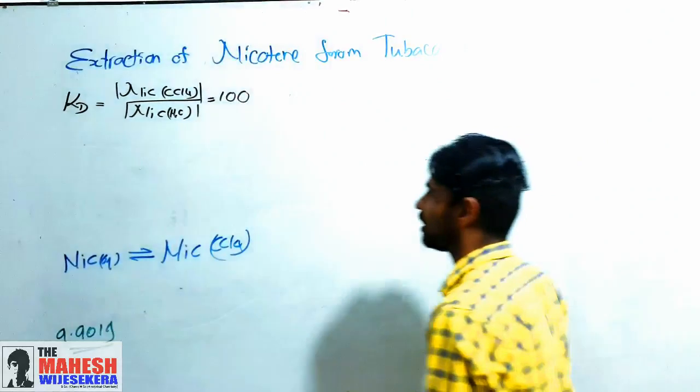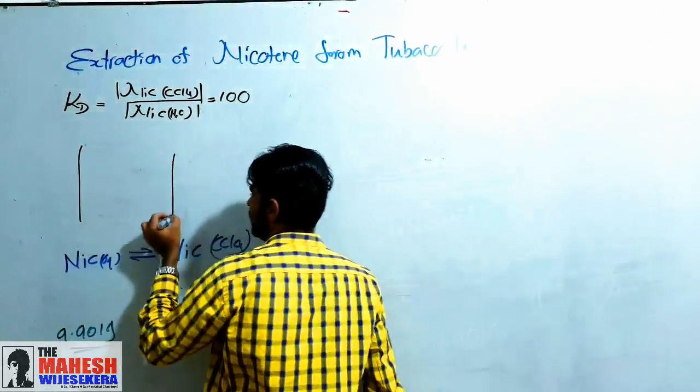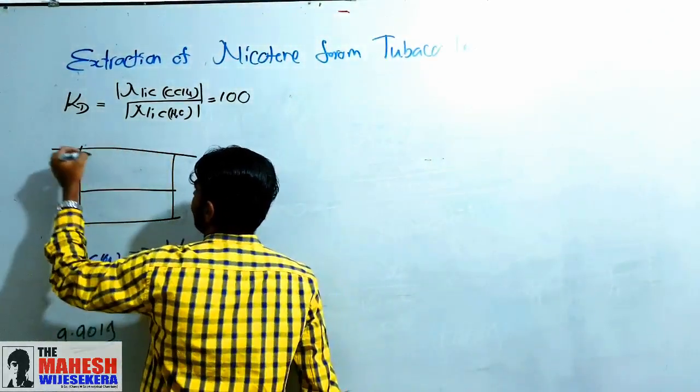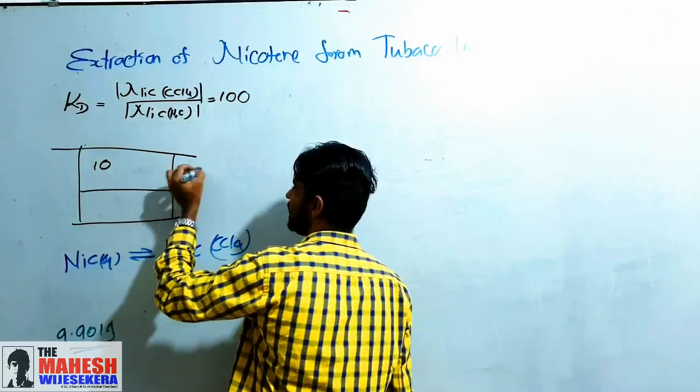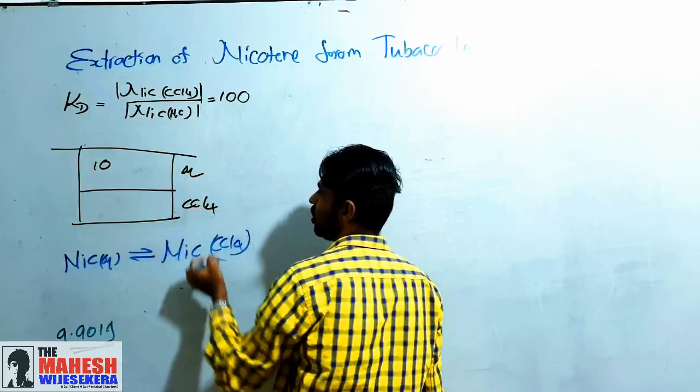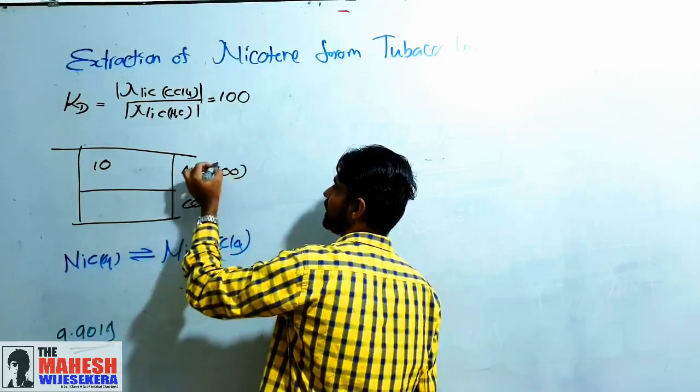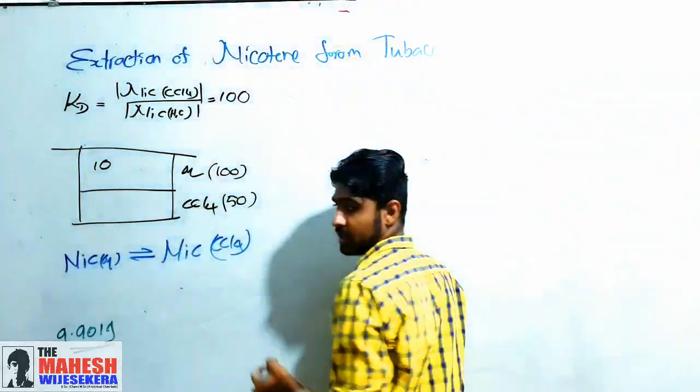Okay, next one. Similarly, we had 10 grams in the aqueous layer, but here it is 100 cubic centimeters of CCl4, here it is 50 cubic centimeters.